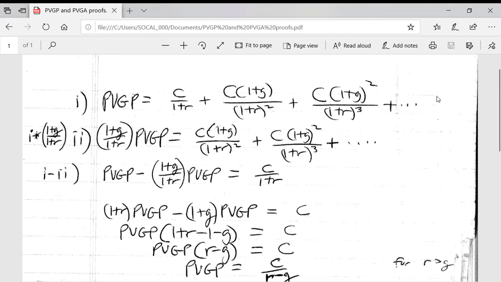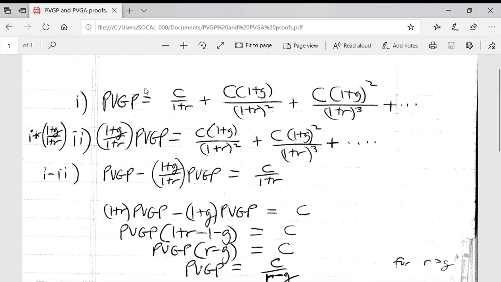So remember, we're trying to find an application formula to determine the present value of a growing perpetuity. Now, this is our third type of multiple cash flow stream. The first one we saw was an annuity. The second one was a perpetuity.